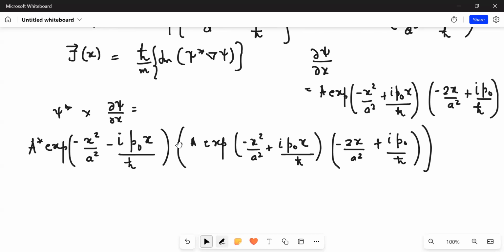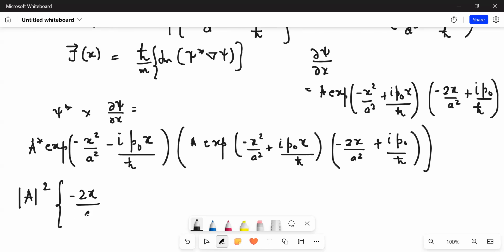Okay, and this A and A star, if I just take, it will come out as modulus A whole square. And this factor is going to come here. So I'm writing it here: minus 2x upon A square, and then plus iota P naught upon h cut.